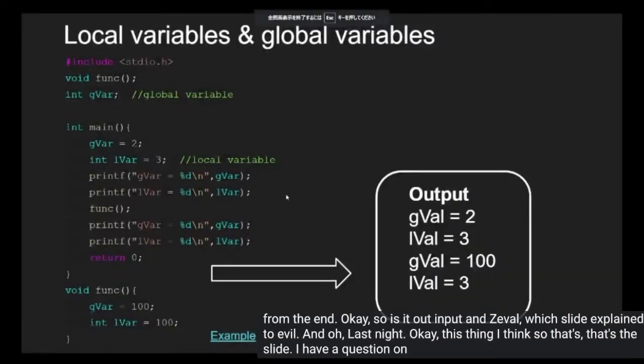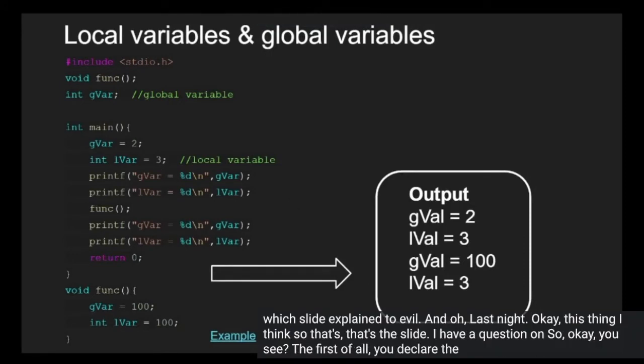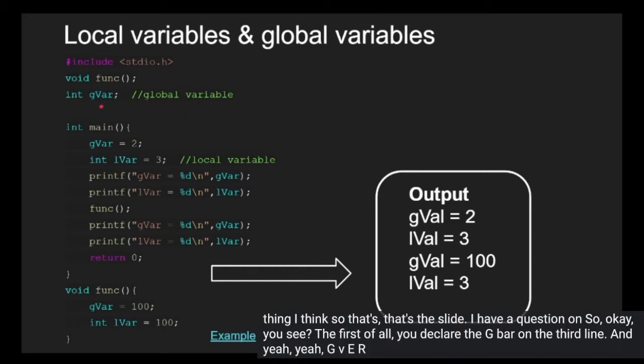First of all, you declare the GVAR on the third line, here. But in the output it said GVAL. Is it just a typo?